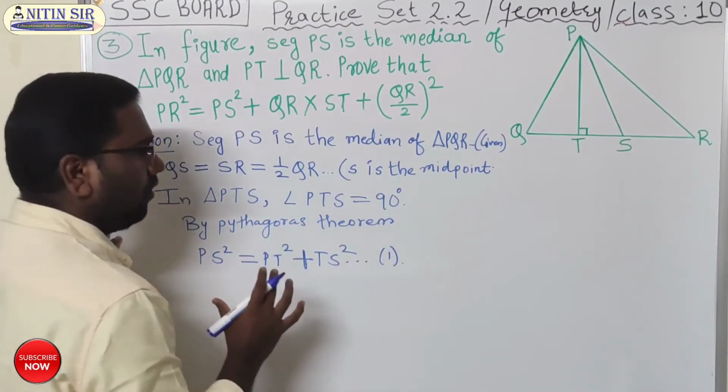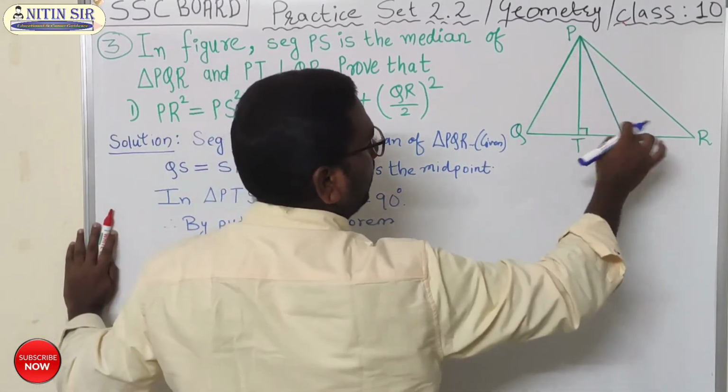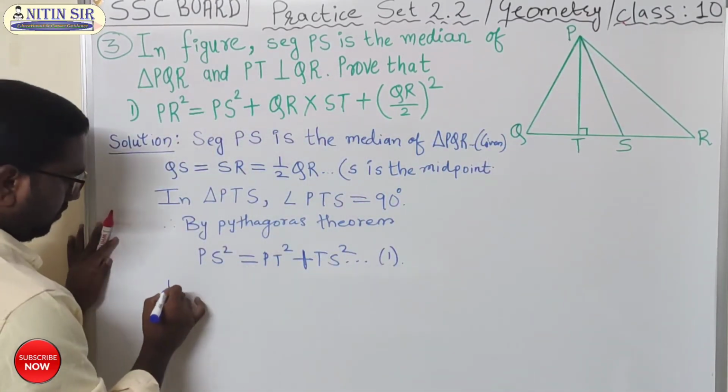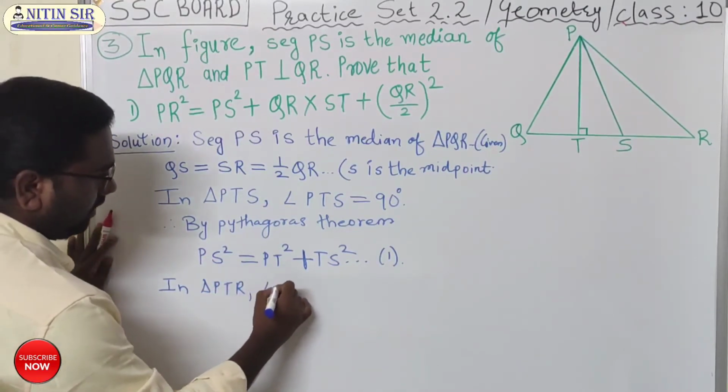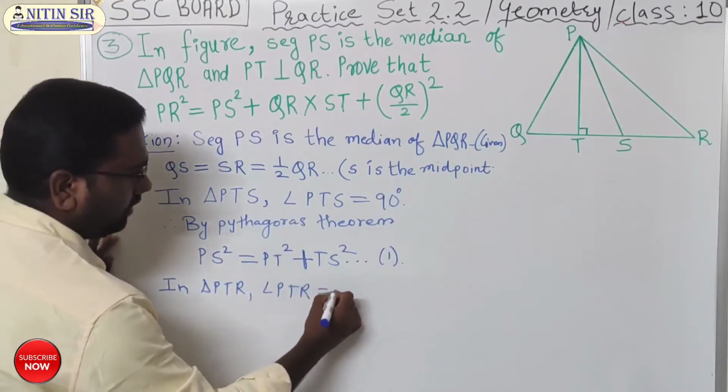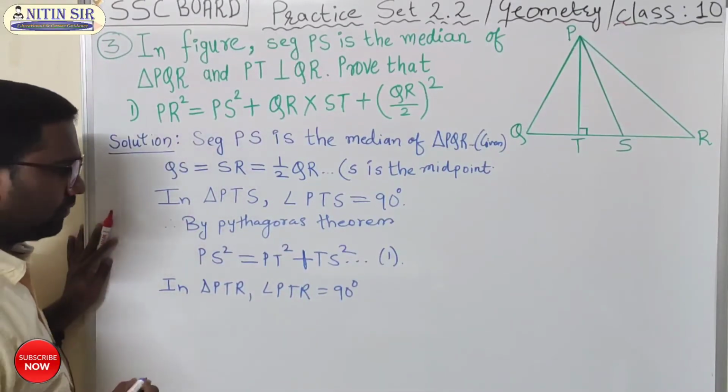Now we will go in triangle PTR. So in triangle PTR, angle PTR is equal to 90 degree.